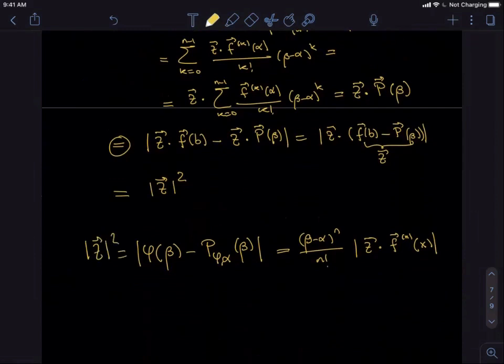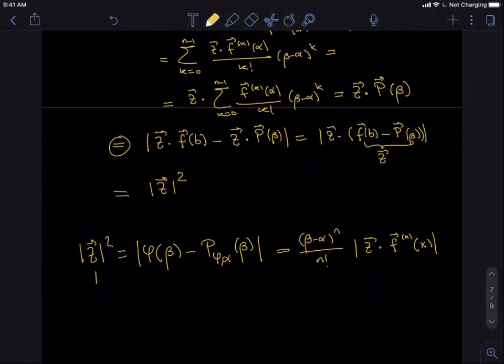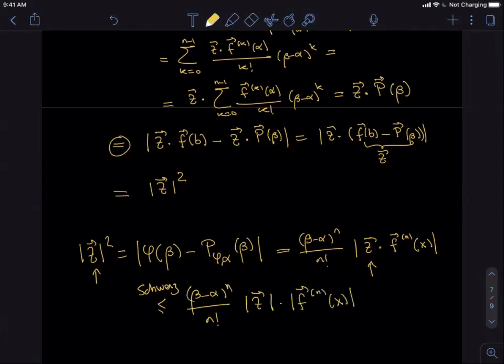All right, so, well, I think it's clear now. We have z here, and the only way I see to connect these two is to apply Schwarz's inequality. So then I have the modulus of z times the modulus of the n-th derivative, and simplify.